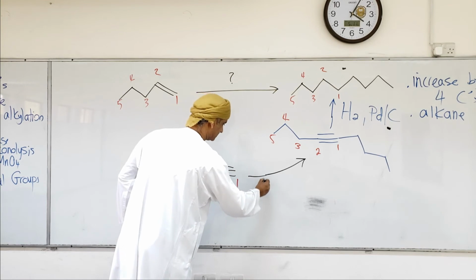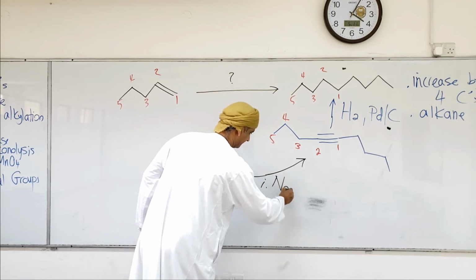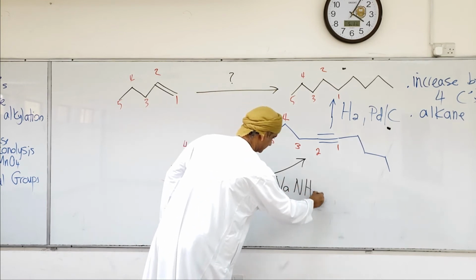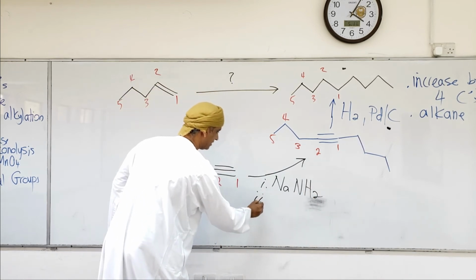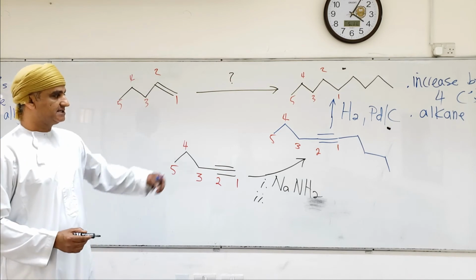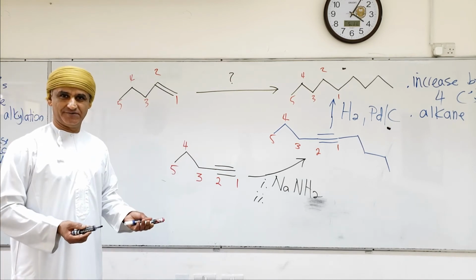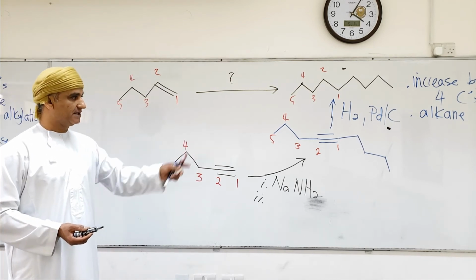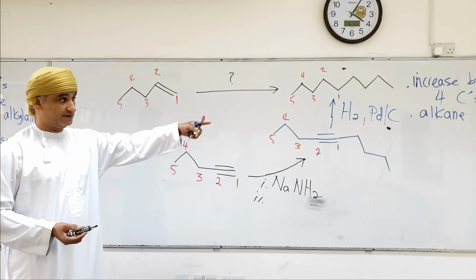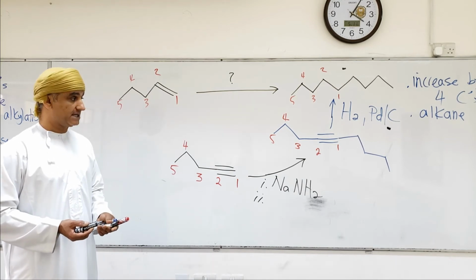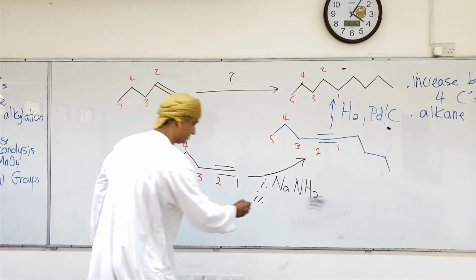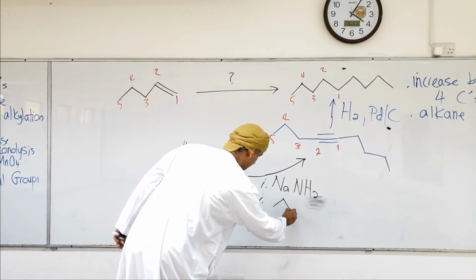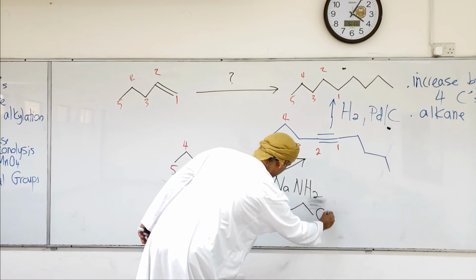If we react this first with a suitable base, as already discussed, sodium amide, and then an alkyl halide that has the difference, if you like, in the number of carbons, or the increase. The increase is by 4 carbons, so then we need an alkyl halide with 4 carbons. So here it is, 1, 2, 3, 4, this time we use Cl.